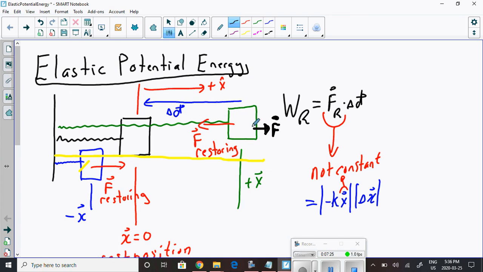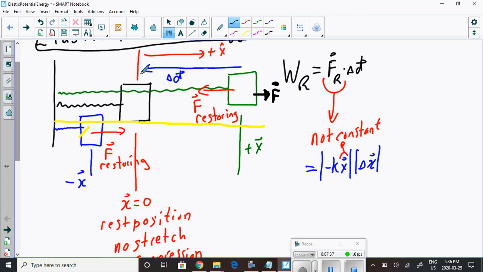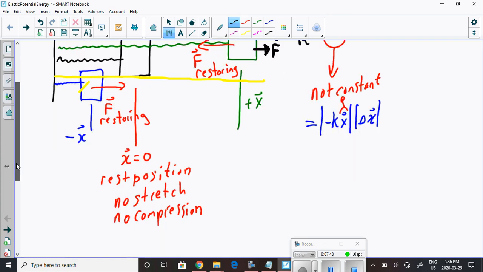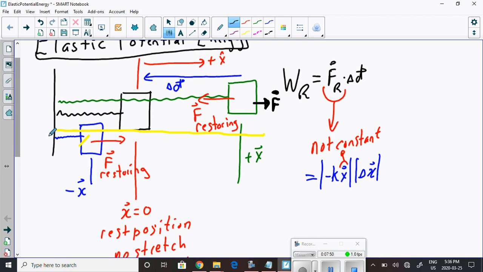Now, if I let this go, it would swing all the way back, go through this position right here where x is not positive or negative, but it's 0, x equals 0. And notice it's x with a vector sign there. We call this the rest position, or where there's no stretch and no compression. And then it would fly back into a compression zone.